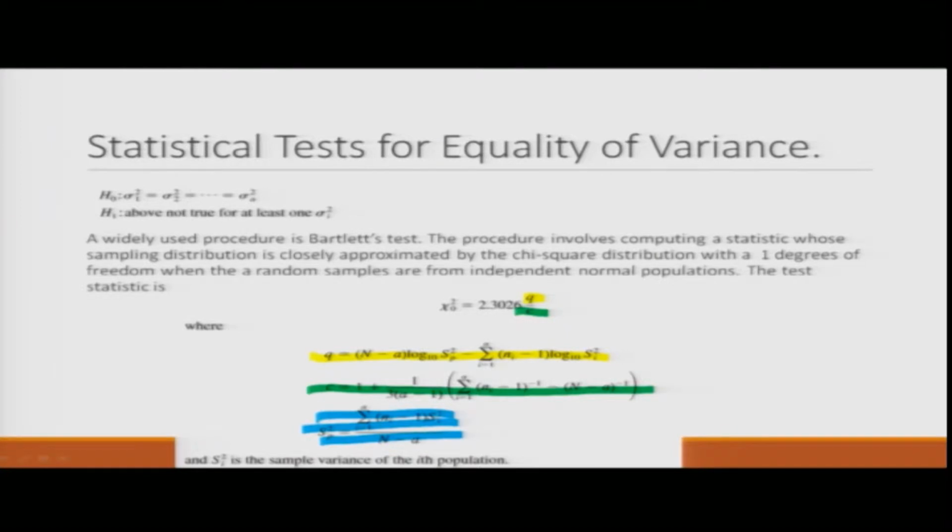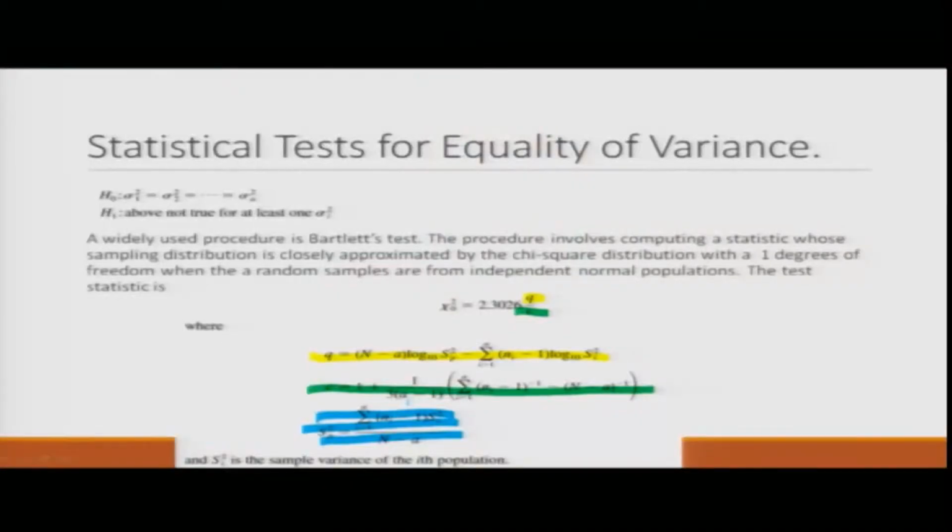S squared suffix i is basically the square of the standard error for the ith treatment, with i equal to 1, 2, 3, 4 till a, and n_i minus 1 is the sample size minus 1, because you are losing 1 degree of freedom corresponding to the mean value being not known. You sum it up in the numerator from i equal to 1 to a, and divide the whole thing by the total degrees of freedom.